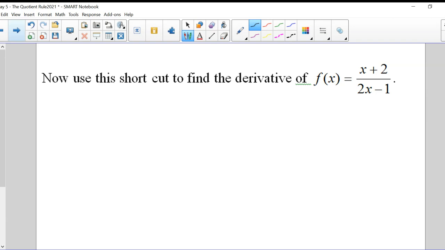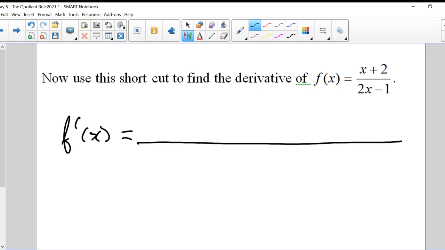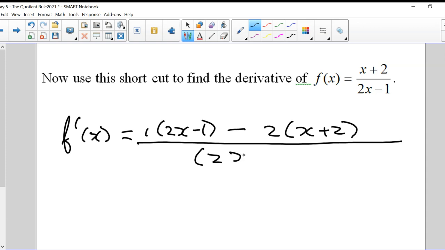So the quotient law would say that f prime x would be equal to, let's put it over a fraction here, the top derived, which is 1, multiply, I don't really have to put the 1, but I put the 1 just the same, times the 2x minus 1, minus the bottom derived, which is 2, times x plus 2, all over 2x minus 1 squared.